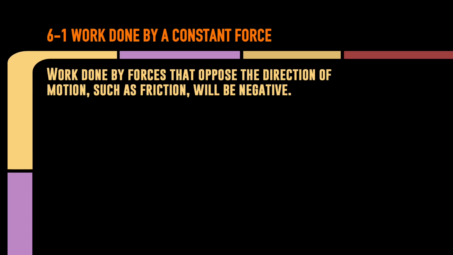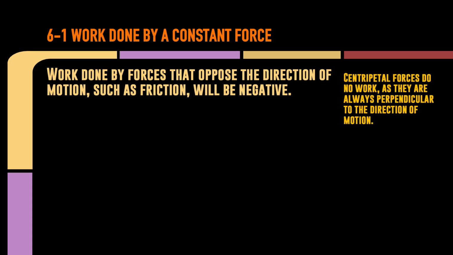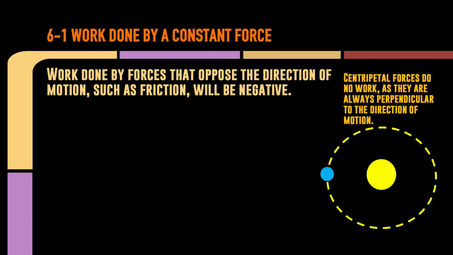Work can be negative, but here's an interesting thing first. We just talked about centripetal forces and how they apply to keeping things in motion. If an object is in circular motion, it has the force, but its velocity is always perpendicular to any force that's applying to it.